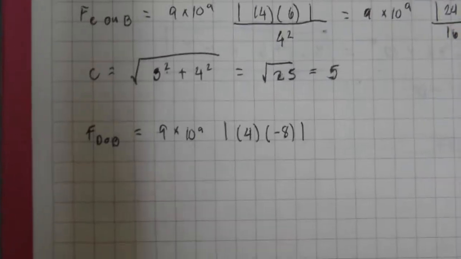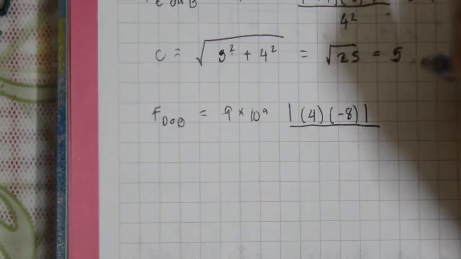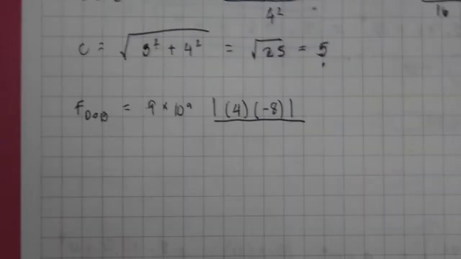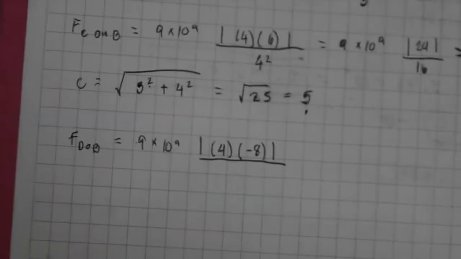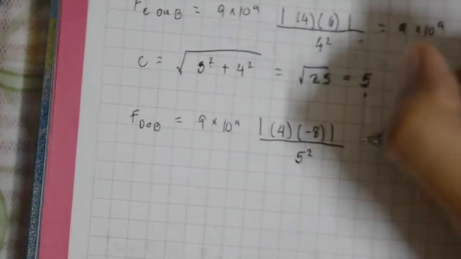That's D. Then R will be 5, that's the distance between them, so 5 squared.